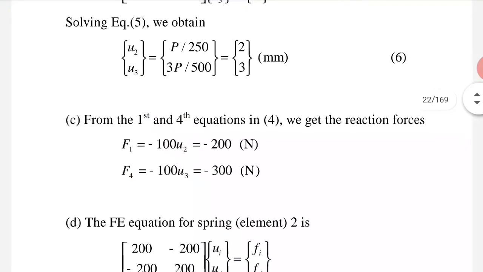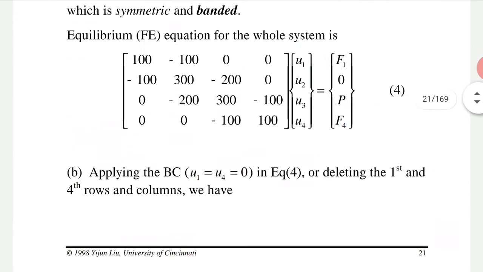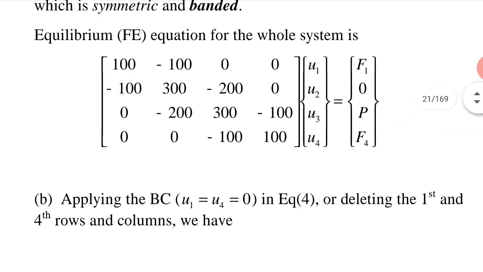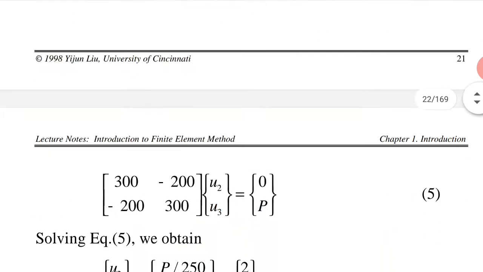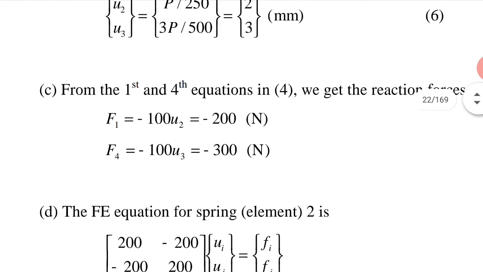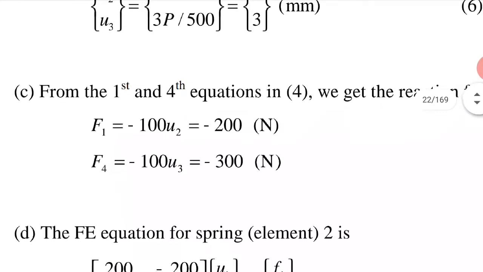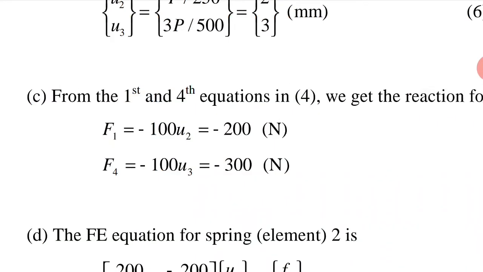To find the reaction forces, we consider the first and fourth equations from the assembly of matrices. Without eliminating anything, we consider row 1 and row 4 for calculation, and by putting in the values of u2 and u3 we find F1, the reaction at node number 1.